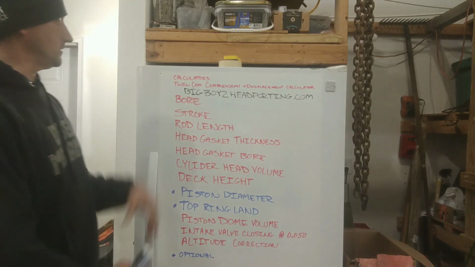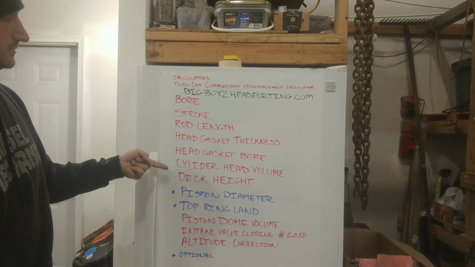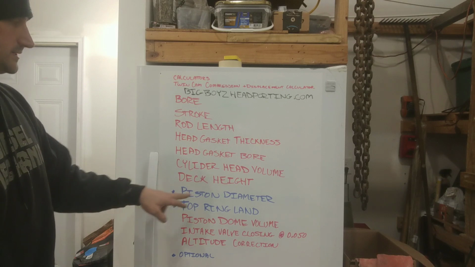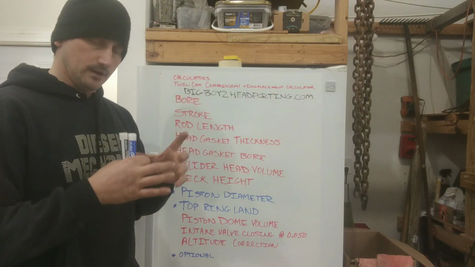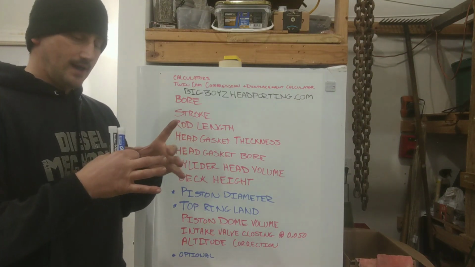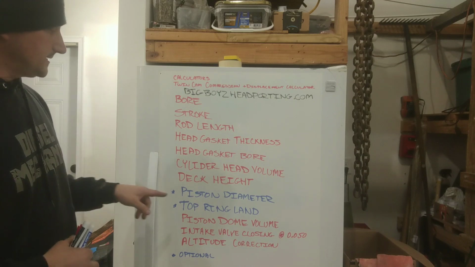From there, you're going to plug in the bore, stroke, rod length, head gasket thickness, head gasket bore, cylinder head volume, deck height, optional piston diameter. That's above the top ring land, the compression ring, okay? The diameter at the very top. And the top ring land.